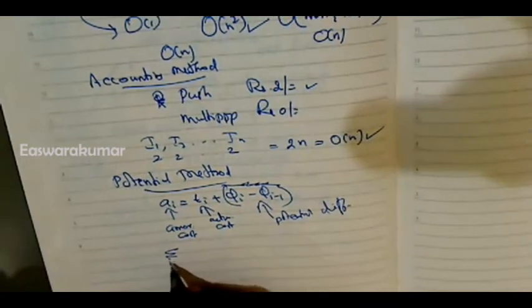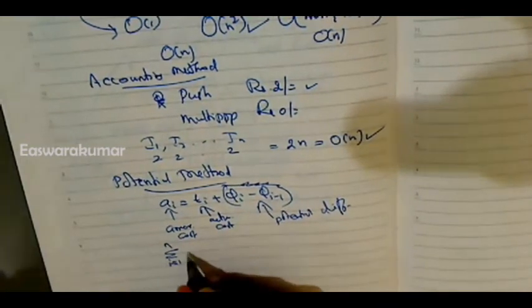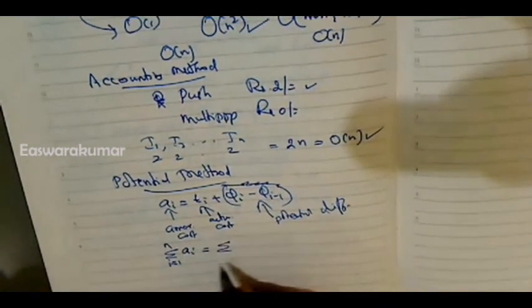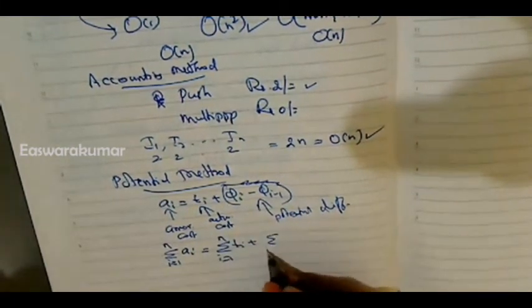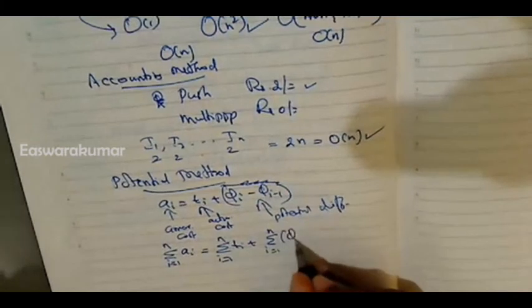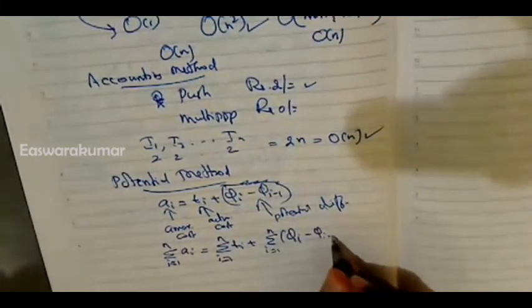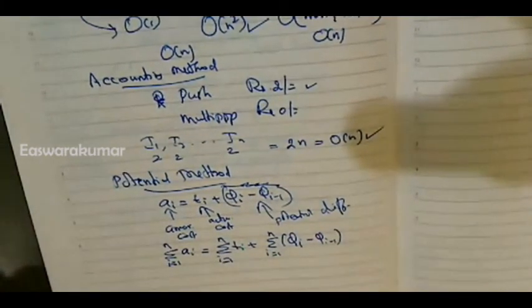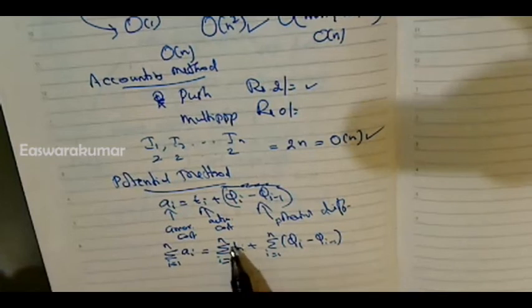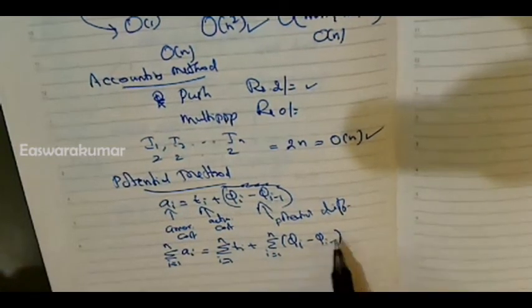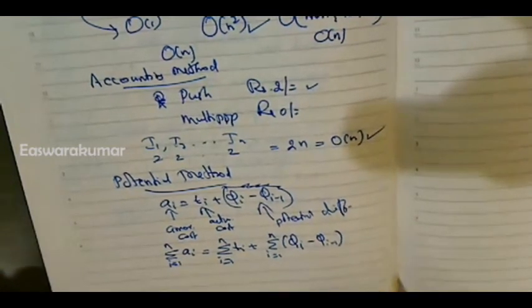So the sum for i = 1 to n of A_i equals the sum for i = 1 to n of T_i plus the sum for i = 1 to n of (pi_i - pi_(i-1)). This is the total amortized cost, this is the total actual cost, and this is the total potential difference.